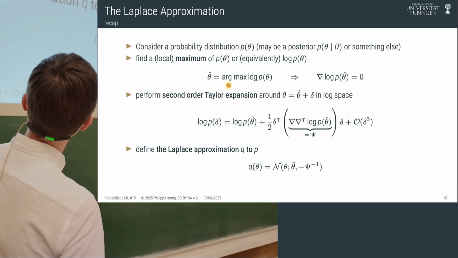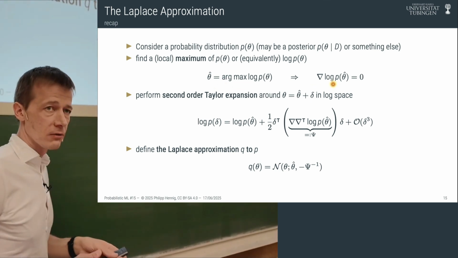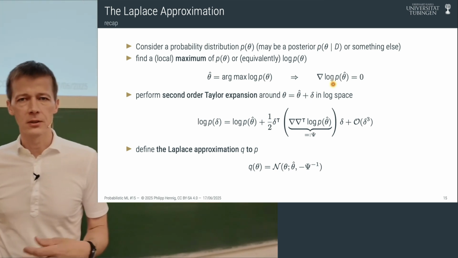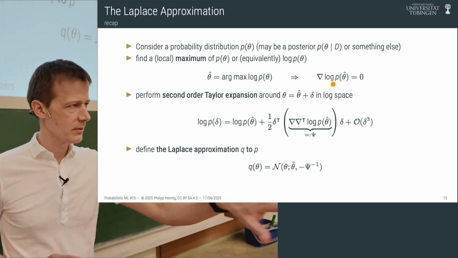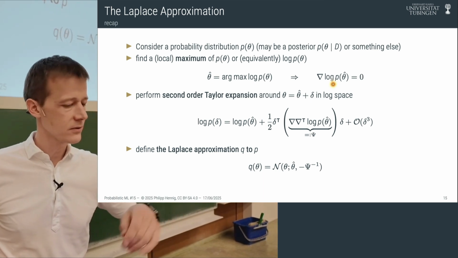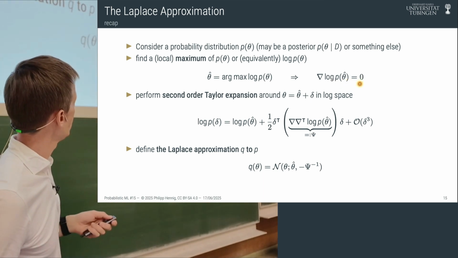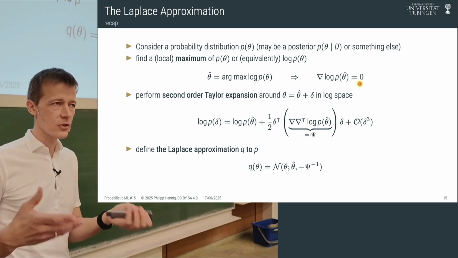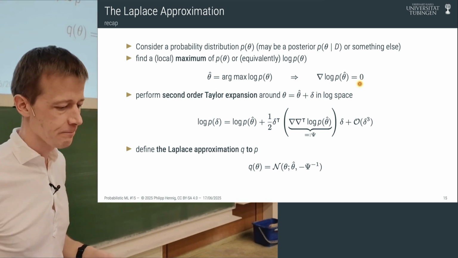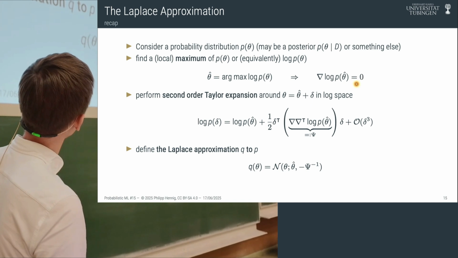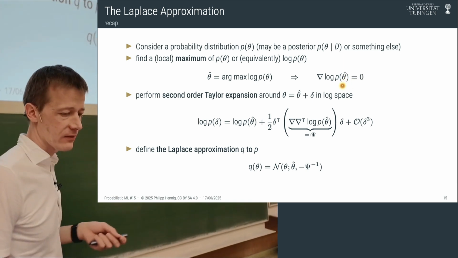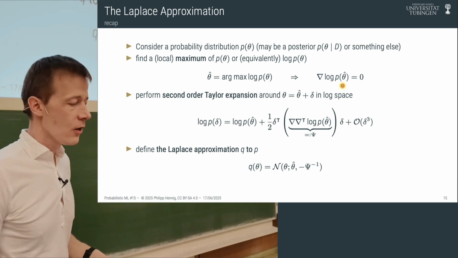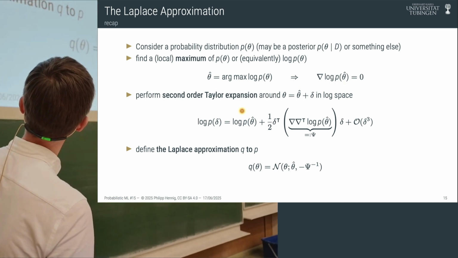We do that, how? Well, with optimization. We compute a gradient of the log of the probability distribution. Remember that the logarithm of our probability distribution is going to be something linear in the parameters. We'll set that gradient to 0. That will effectively ask us to solve some implicit equation. And then at that point, theta hat, where the gradient is 0, where we are at the mode of the distribution, we will perform a Taylor approximation to second order.